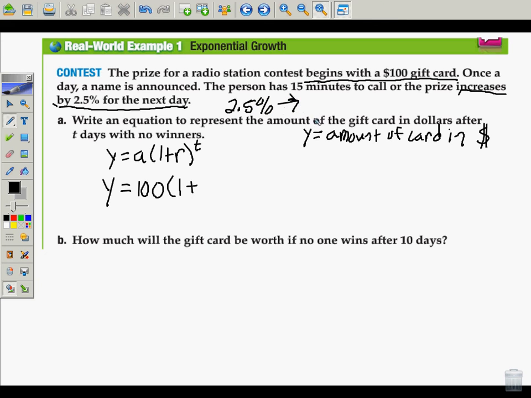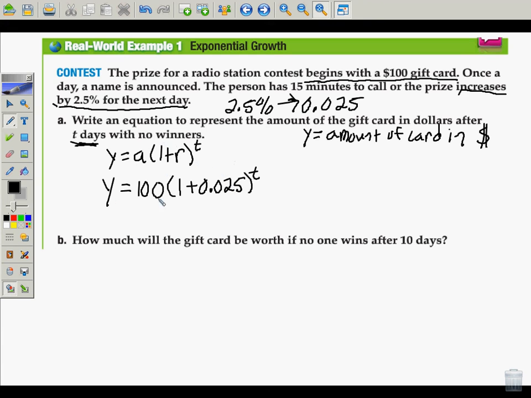So there's my percent as a decimal. We always want to write it as a decimal in this equation. I get 0.025, all raised to the t because they're not telling me how many days it is. It says t days. We don't know how many days it is. And that's my equation. It's an exponential growth situation, so I just use the equation for exponential growth, plug in my initial amount and my rate.